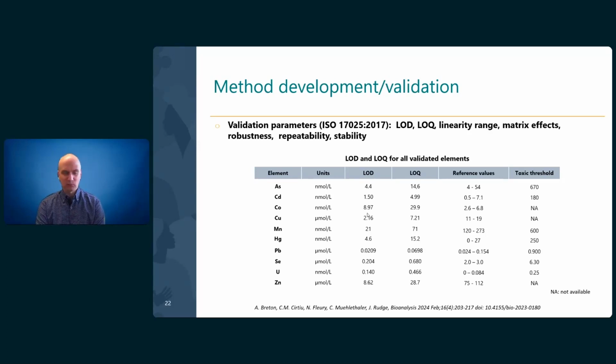So for most of them, we have comparable detection limits or slightly higher than conventional methods, but still very sufficient for quantifying and providing reliable results for those elements in whole blood.